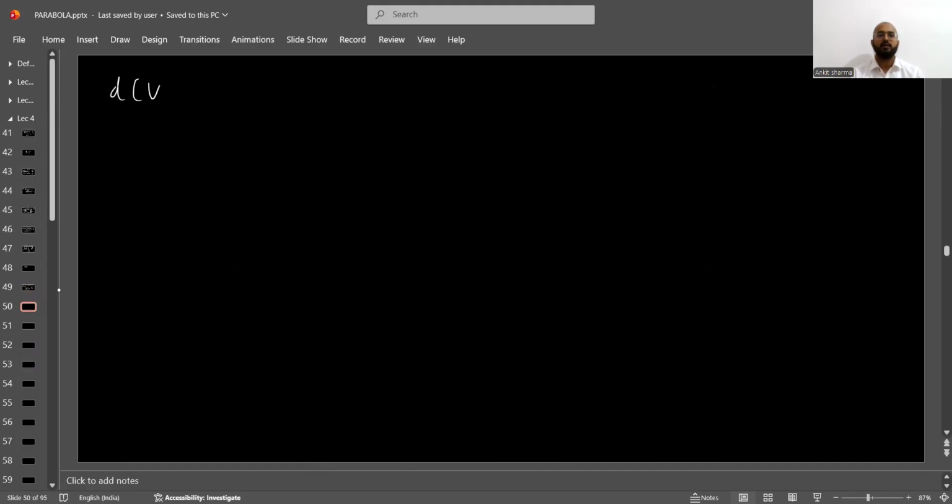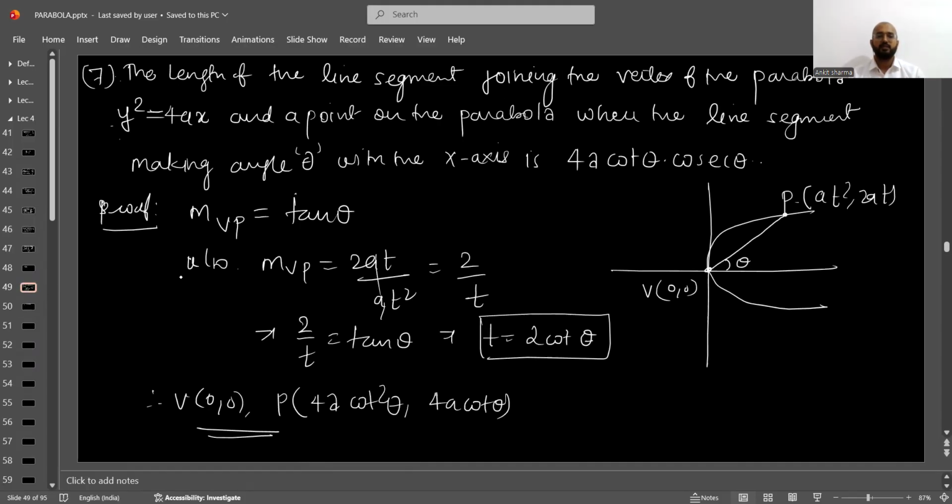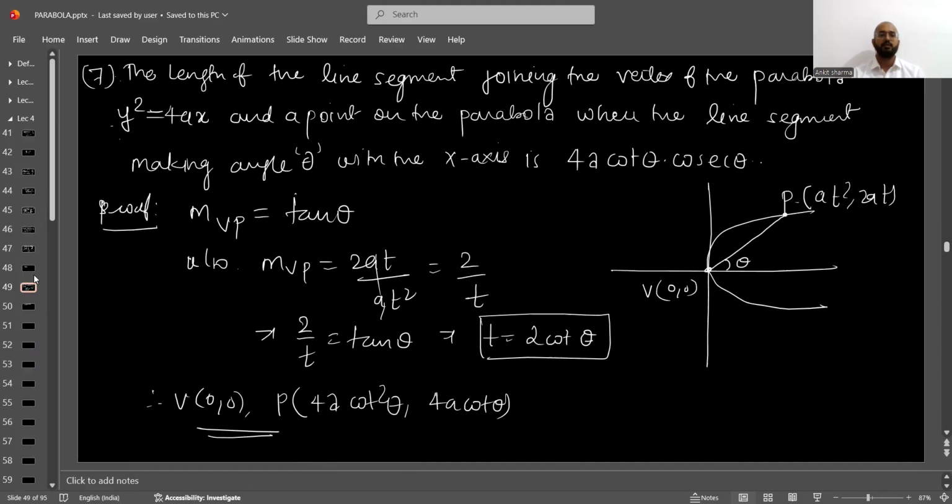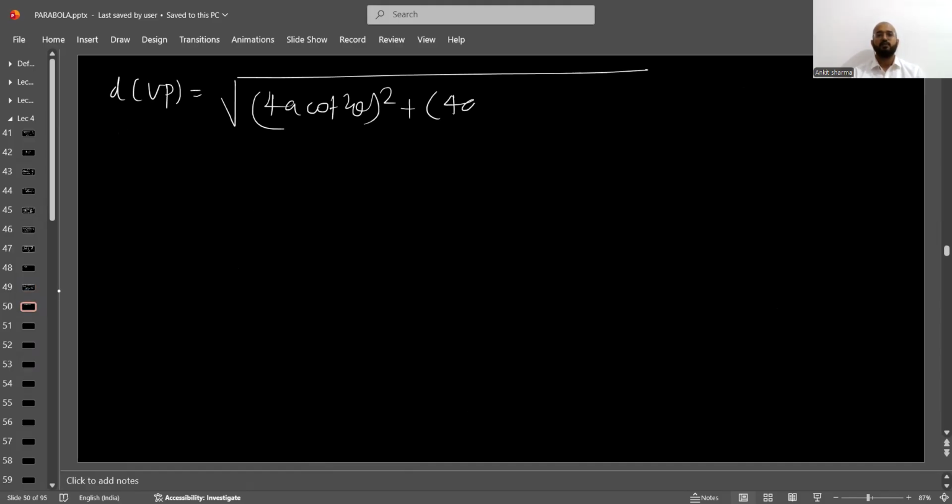So we can simply apply the distance formula. Since this is 0, 0, we can simply write 4a cot square theta, the whole square, plus 4a cot theta, the whole square.